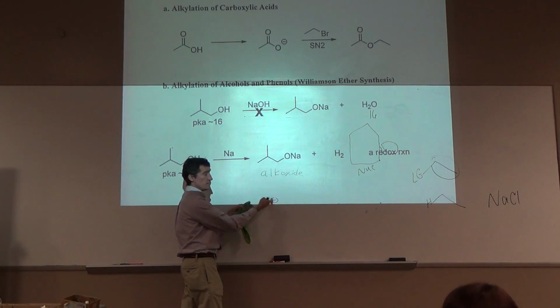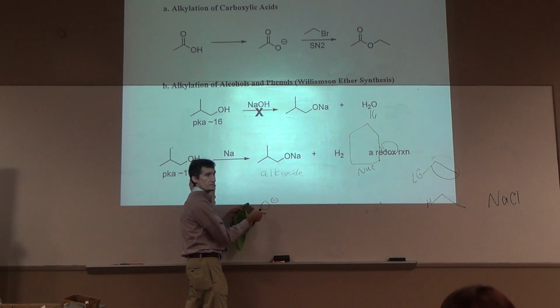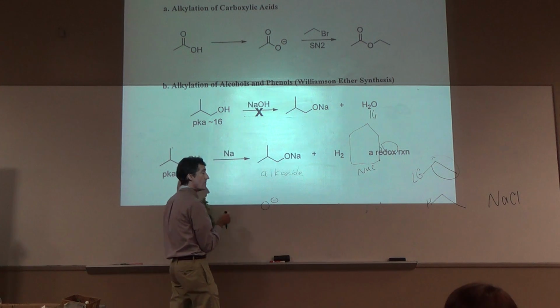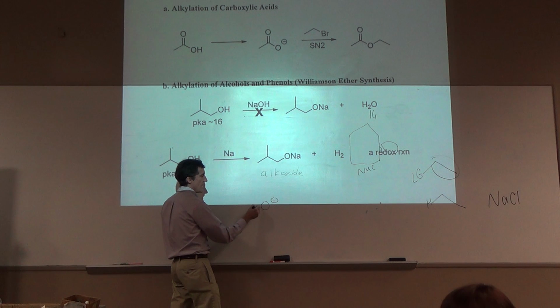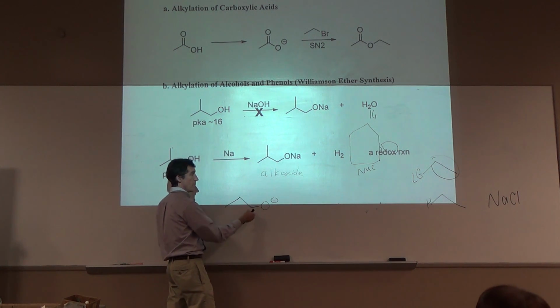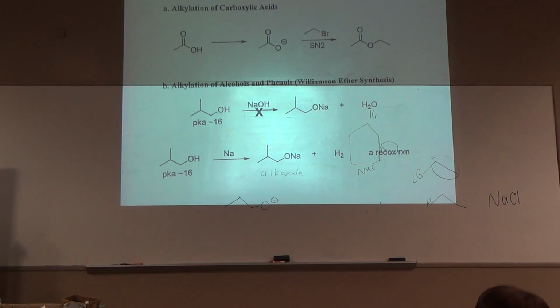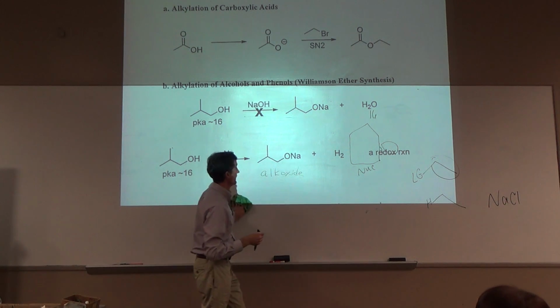What do you call O with a 2 minus charge? Oxide. If I put an H on it, it's called hydroxide. What if instead of an H, I put an alkyl group? Alkoxide, because there's an alkyl group on the oxygen, oxide. Okay, that's what we got here, is an alkoxide, sodium alkoxide.